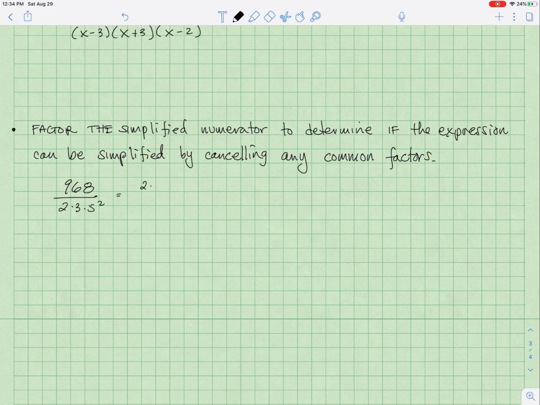Let's see, 2 goes into 8 4 times, 2 goes into 6 3 times, and 2 goes into 9 4.5 times. So 484, 2 times 484, over 2 times 3 times 5 squared.